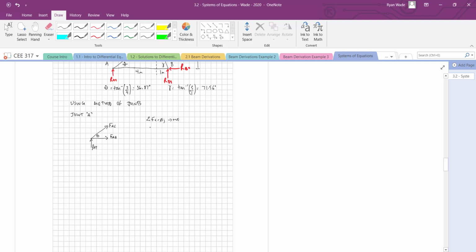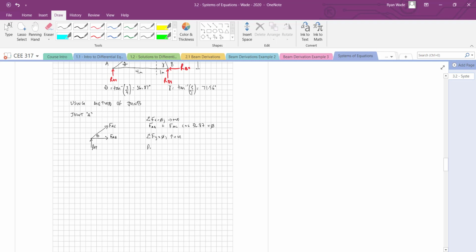So what I'm going to get is FAB plus FAC times cosine of theta, which is 36.87, which is equal to 0, right? Those are the only two forces in there. And then I'm going to do the sum of the forces in the y equals 0, and I'm going to say up is positive.